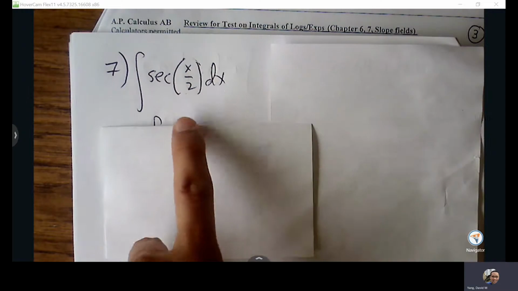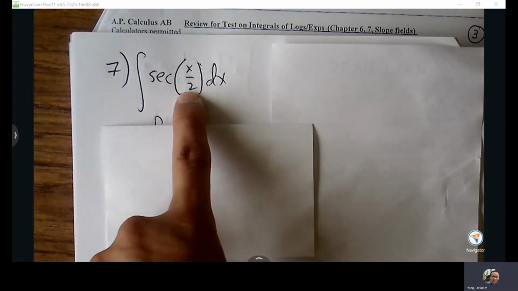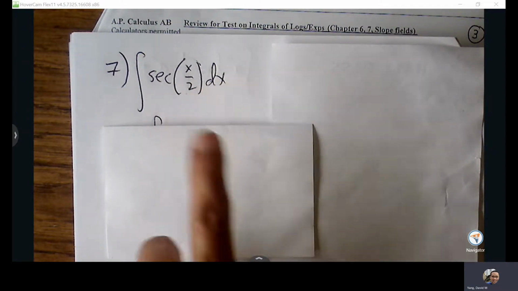There's a little bit of a shortcut that I want to talk about, but you don't have to do the shortcut if you don't want to. The shortcut involves this 1/2 x. What is that 1/2 x going to turn into? What's the leftover that's going to come out of that 1/2 x? It's going to be a 2. Normally, if we go through a derivative chain rule, it'll be times u prime, but the integral is the reciprocal of the derivative. So 1/2 comes out of it, but then the flipped version of it is going to be the coefficient.